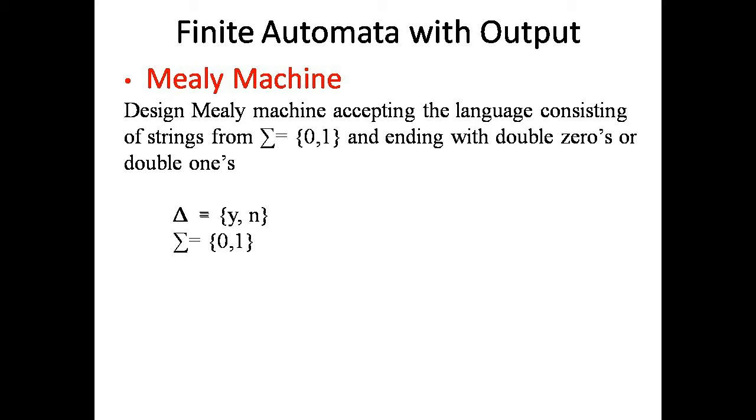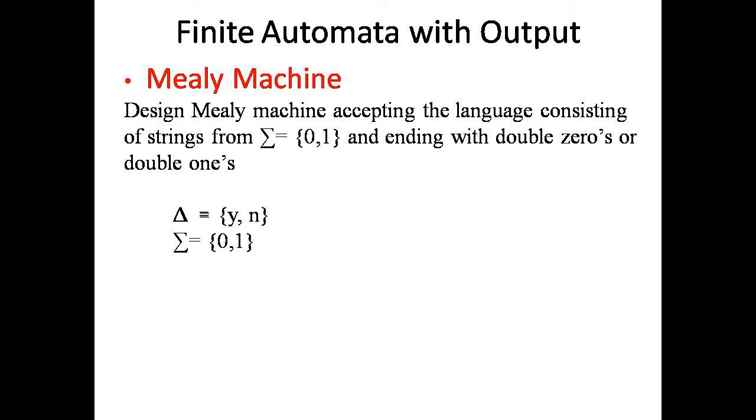Now, we will discuss the Mealy machine example. Design a Mealy machine accepting the language consisting of strings from sigma equal to {0, 1} and ending with 00 or 11. This means the string is accepted by the Mealy machine if the string ends with 00 or 11.